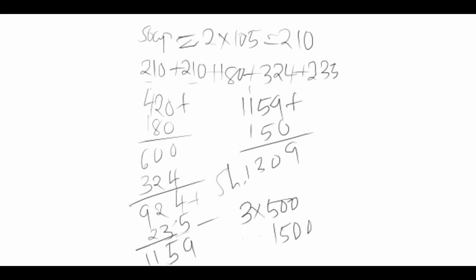So we have 1,500 shillings, and then he spent 1,309. So we have 1,500 minus 1,309, for us to know the balance he was given.